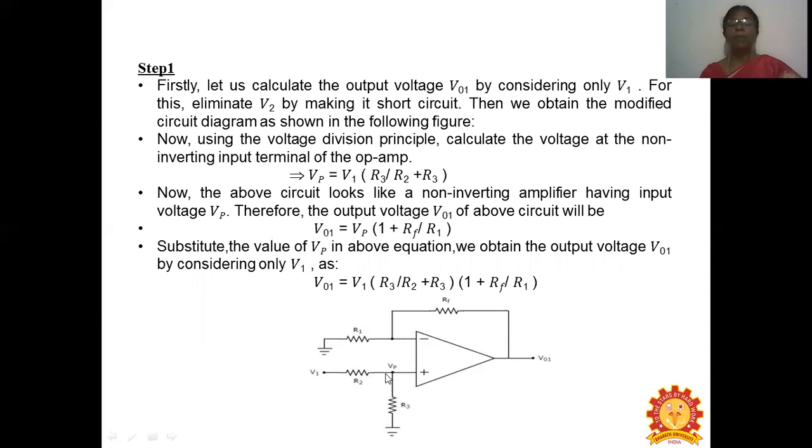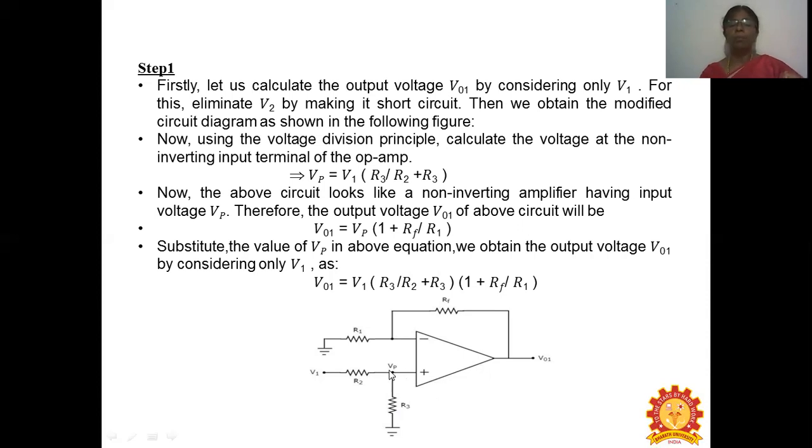We are applying only one input voltage V1 through the resistors R2 and R3 to the non-inverting terminal of the circuit. Now, using the voltage division rule, calculate the voltage at the non-inverting input terminal of the op-amp.